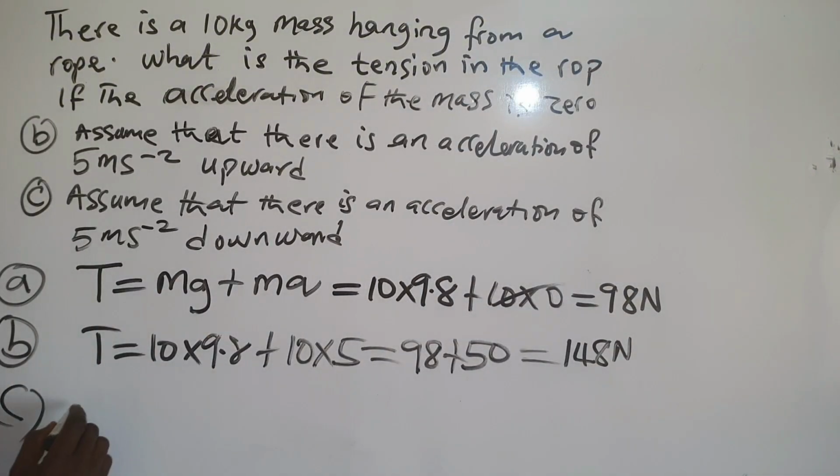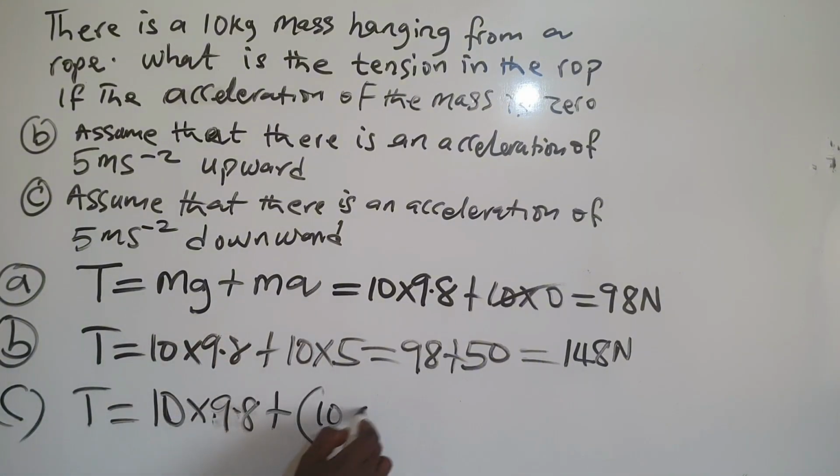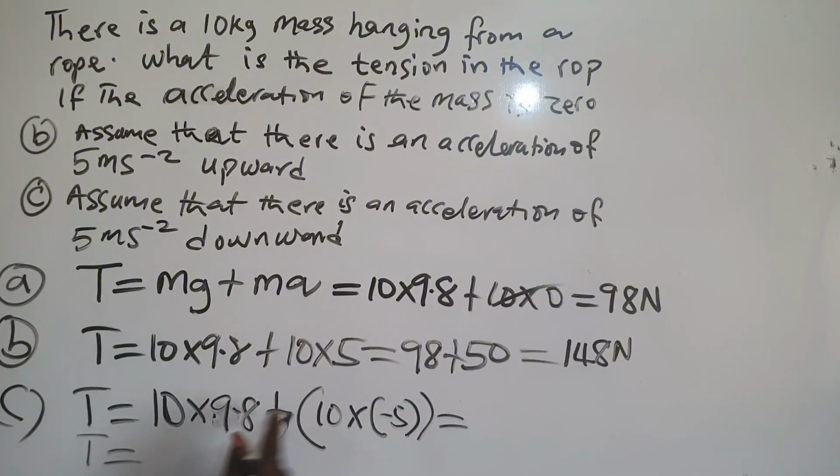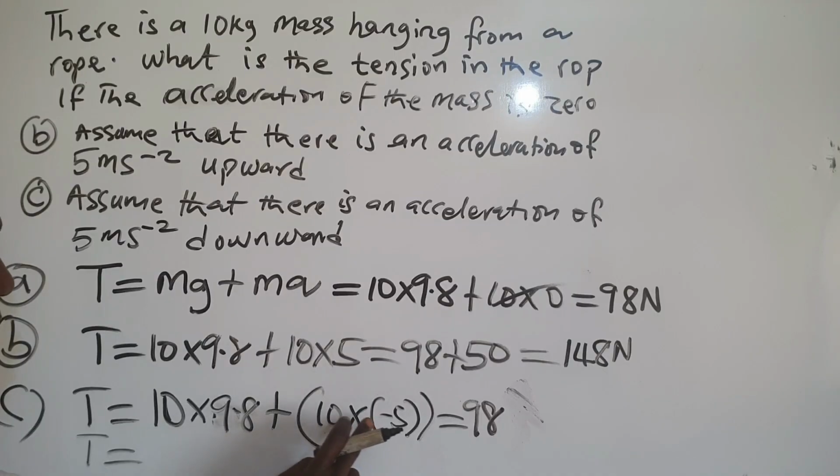So we now calculate it this way. T equals the same 10, which is the mass, times 9.8 plus, in bracket, 10 times minus 5. Okay, minus 5, which this times this will give us 98. 10 times minus 5 will be minus 50, which will affect this one.